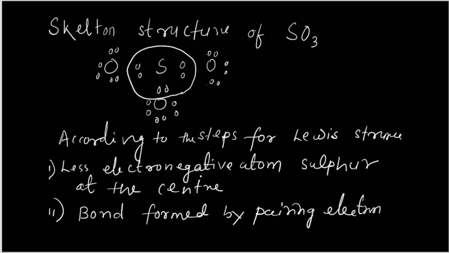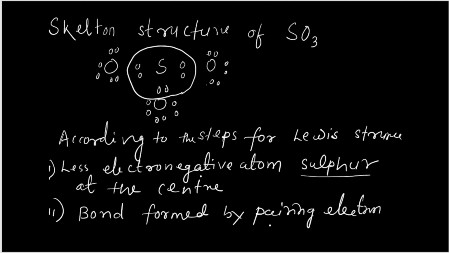According to the steps for the Lewis structure, the less electronegative atom, which here is sulfur, is placed in the center. So sulfur is at the center, and 3 oxygen atoms surround it. How do the bonds form?